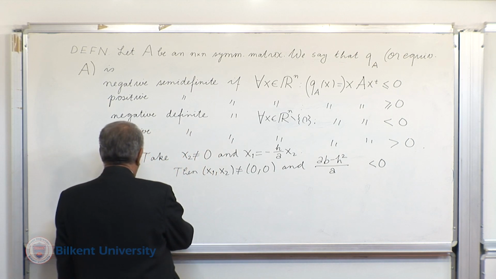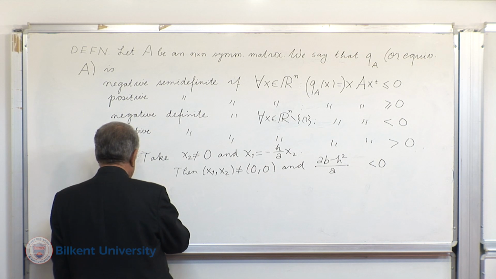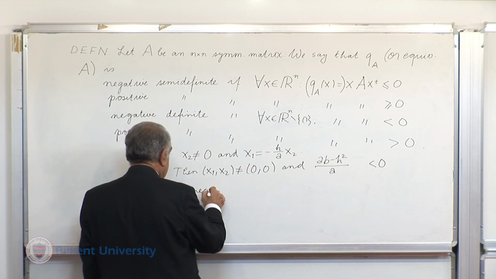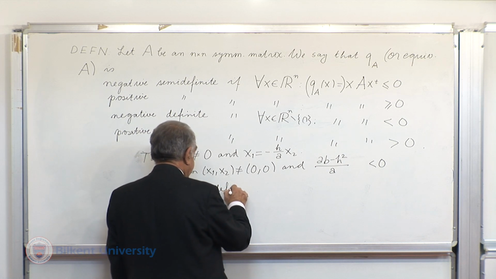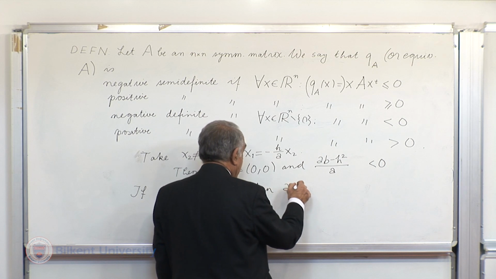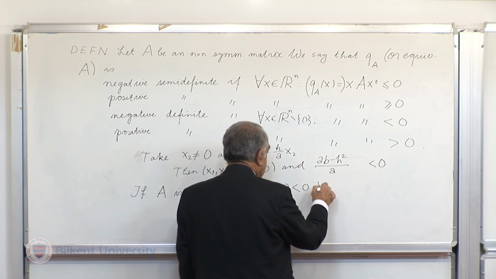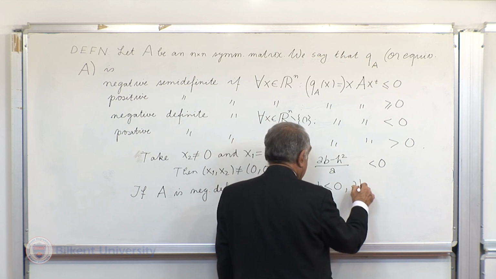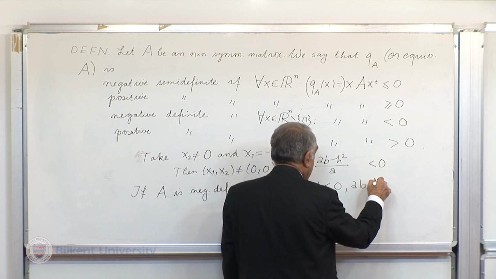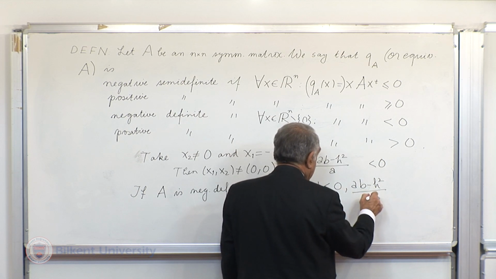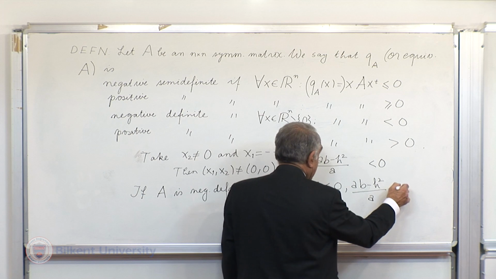So if A is negative definite, then we have A less than or equal to 0, B less than or equal to 0, and AB minus h squared over A less than 0.